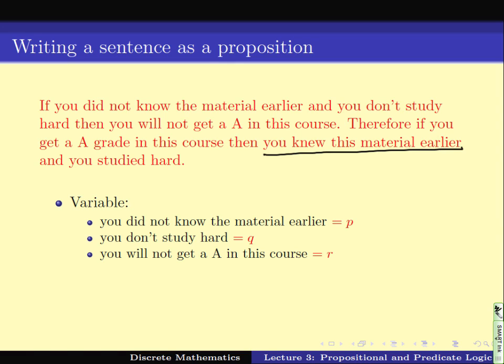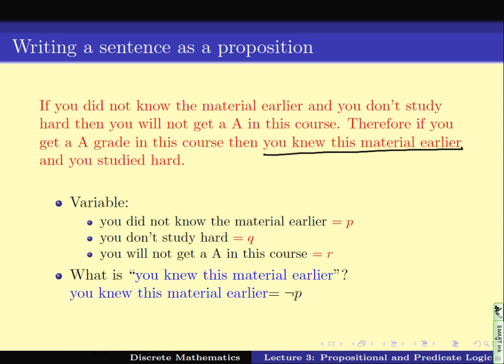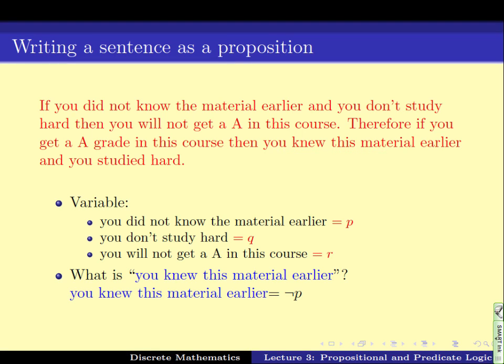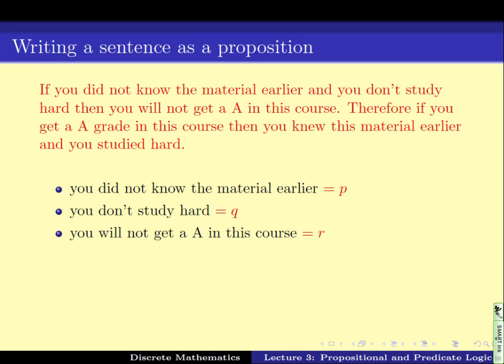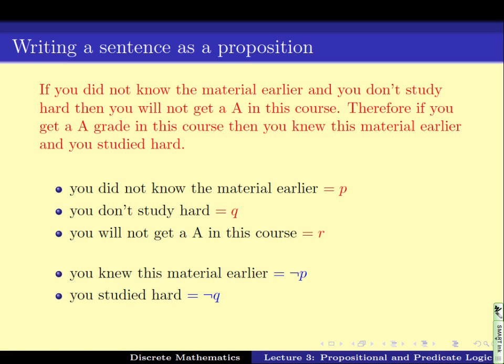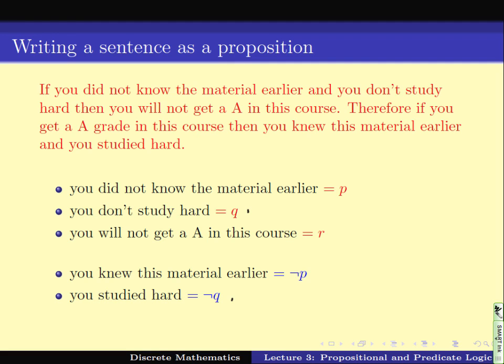Note that if P is the variable indicating you did not know the material earlier, then you knew this material earlier is nothing but not P. Thus, after we have put variables for these three statements, we have you knew this material earlier as not P. Similarly, you studied hard is nothing but not Q. And you get an A grade in this course is nothing but not R.